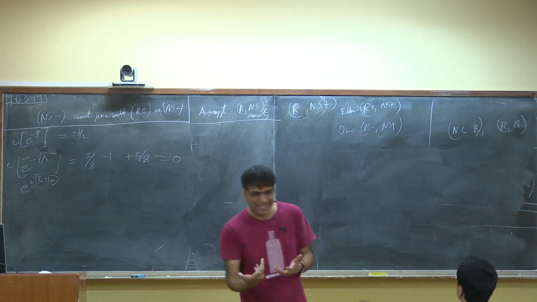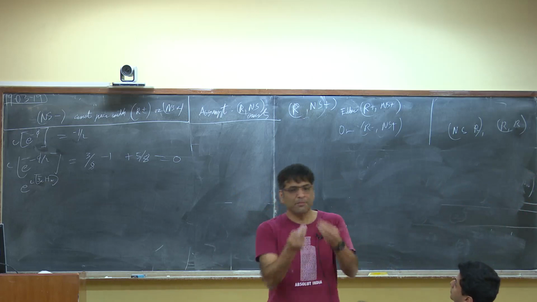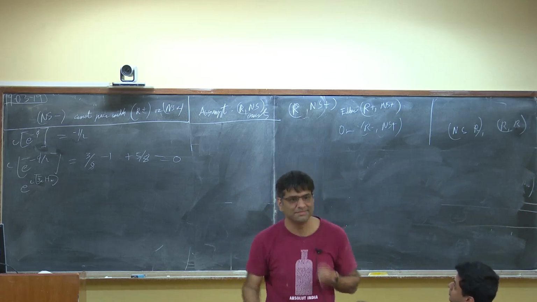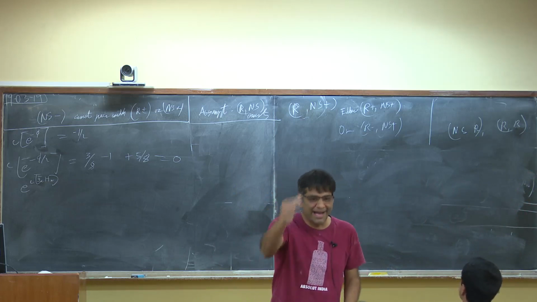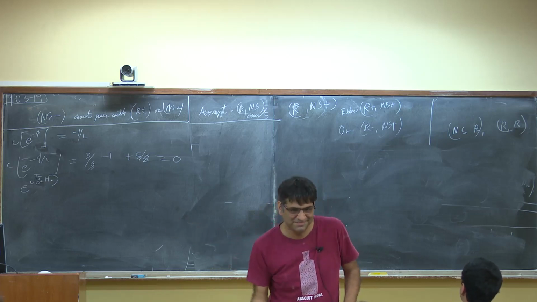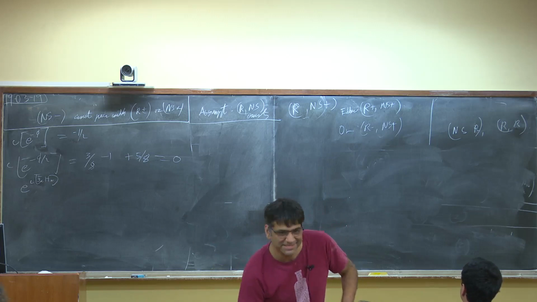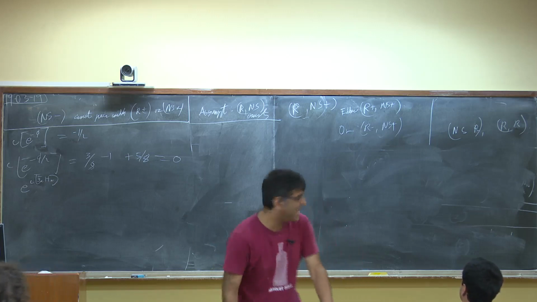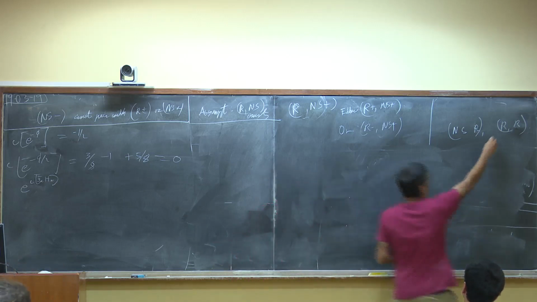Now the rule is that Ramond with Ramond gives Neveu-Schwarz. Think e to the power i h by 2 times e to the power i h by 2 gives e to the power i h. Half integer plus half integer gives integer. So suppose there was an RR sector.